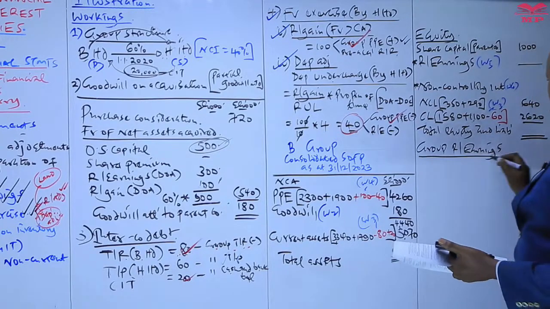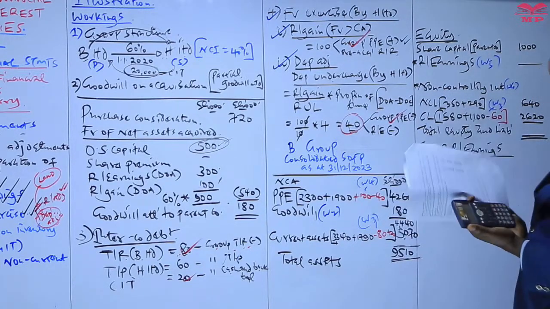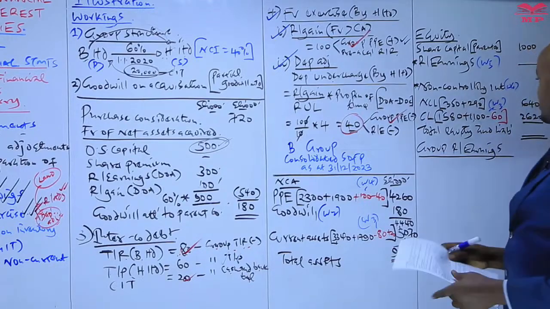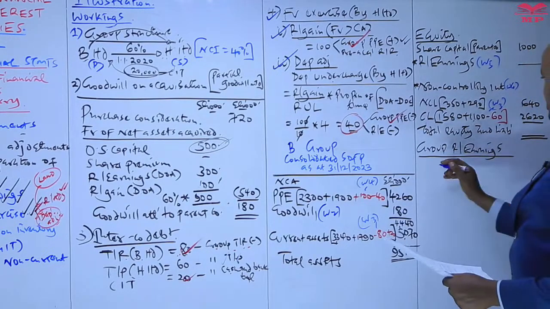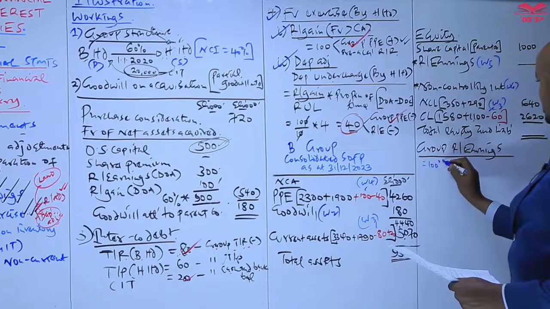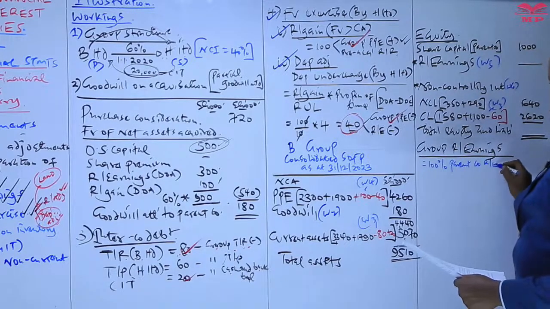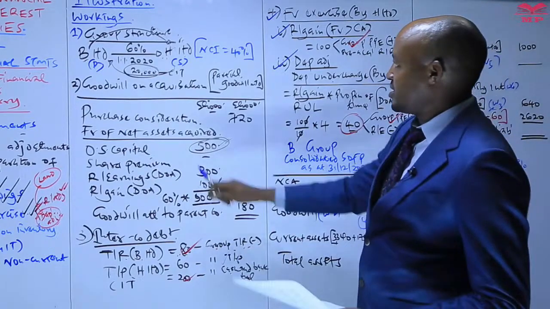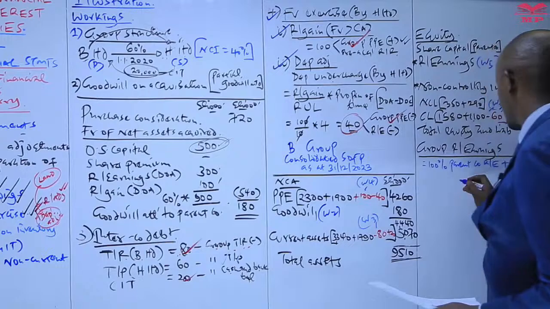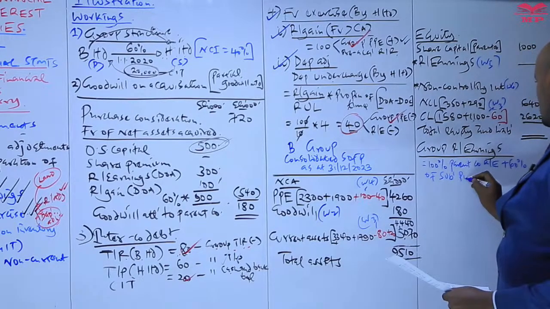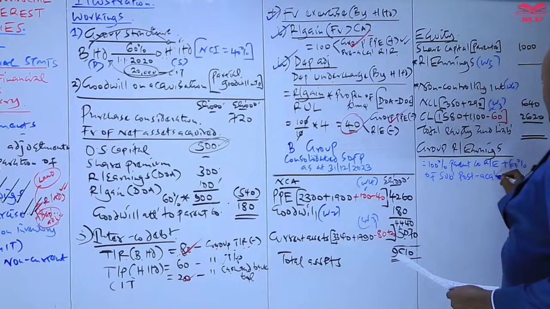Group retained earnings. So how do we compute the group retained earnings? Recall what you have done, or basically what we say to compute the group retained earnings. We take 100% of the parent company retained earnings plus 60% of subsidiary post-acquisition retained earnings.